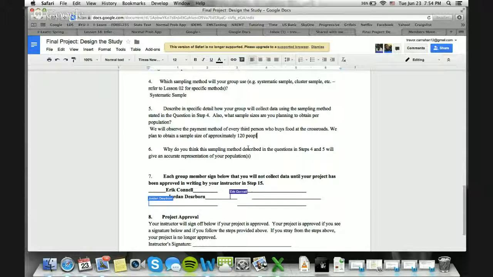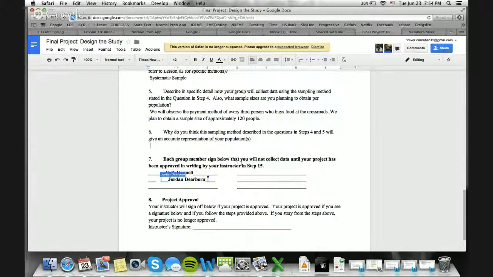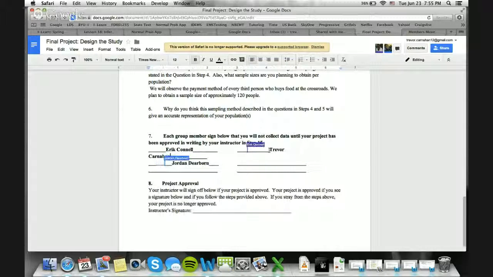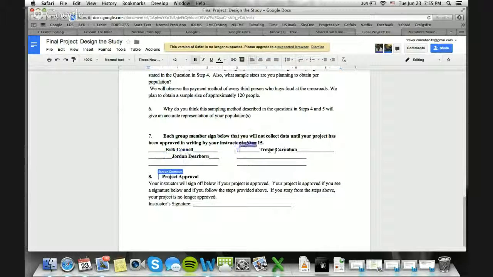Should we sign for Brent? Well, he's not going to be able to collect data if he doesn't even know what it is, so I don't see why not.